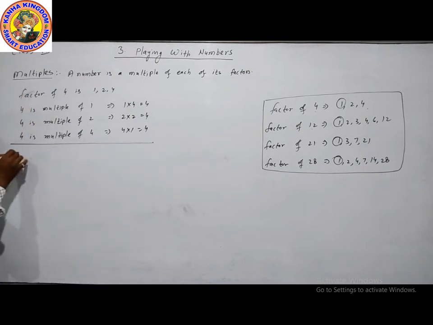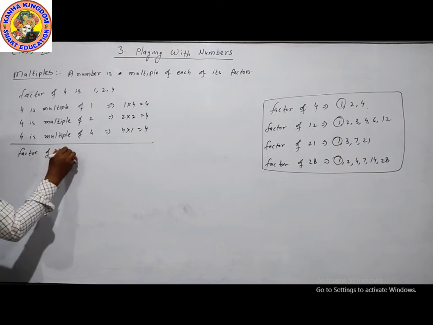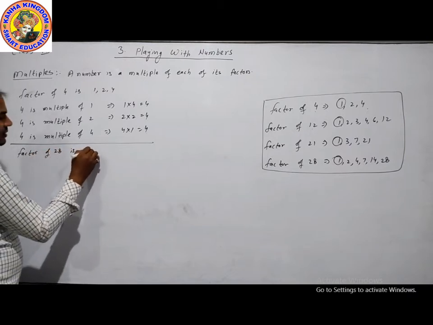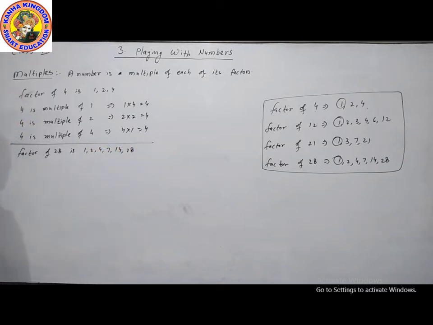Now another example. Factors of 28 are 1, 2, 4, 7, 14, 28.